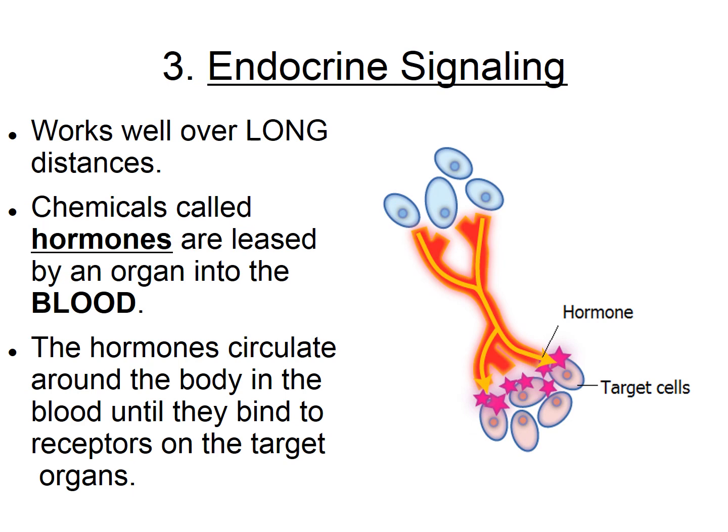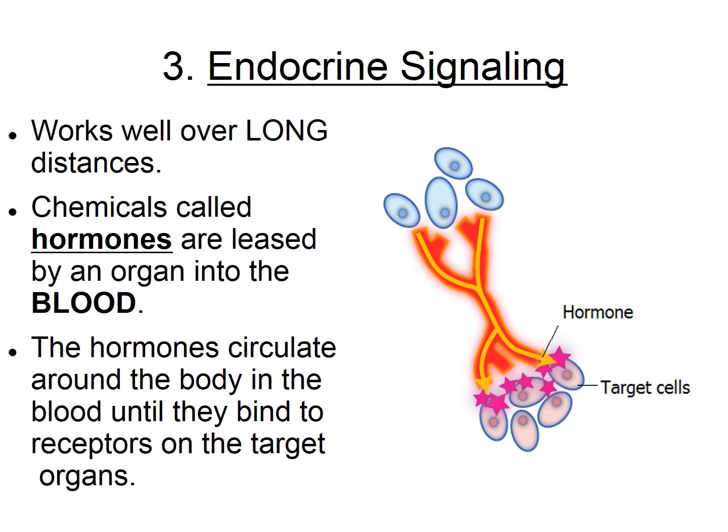All right. Now the next type of signaling is known as endocrine signaling. This is sending a signal over a very long distance. When organs are separated by a great distance in the body, they can still talk to each other. This type of signaling takes advantage of the circulatory system.